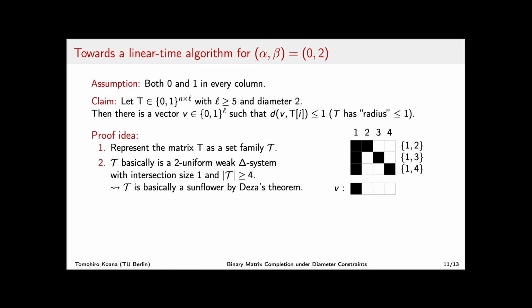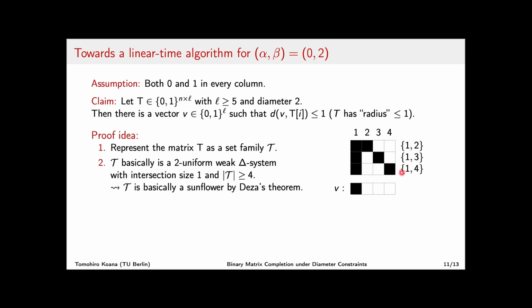So first we represent the matrix T as a set family, and then we can show that this set family is a 2 uniform weak delta system with intersection size 1, and moreover we can show that the size of T is at least 4. This allows us to use the Deza's sunflower theorem, and we can conclude that the T is basically a sunflower.